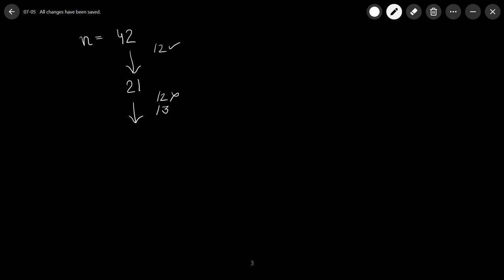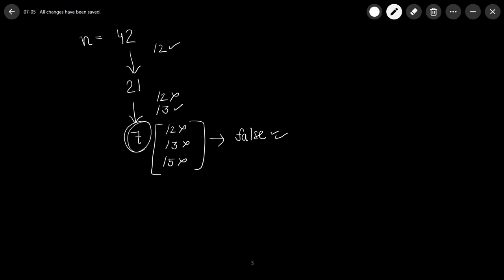So we check by 3. Yes, it is divisible by 3. So we divide by 3 and we get 21 by 3, which is 7. Now for 7, we check, is it divisible by 2? It's not. Then we check for 3. It's not divisible by 3 either, and neither is it divisible by 5. So it's not divisible by any of them. That's why we return false here, because we were not able to get 1 at the end.